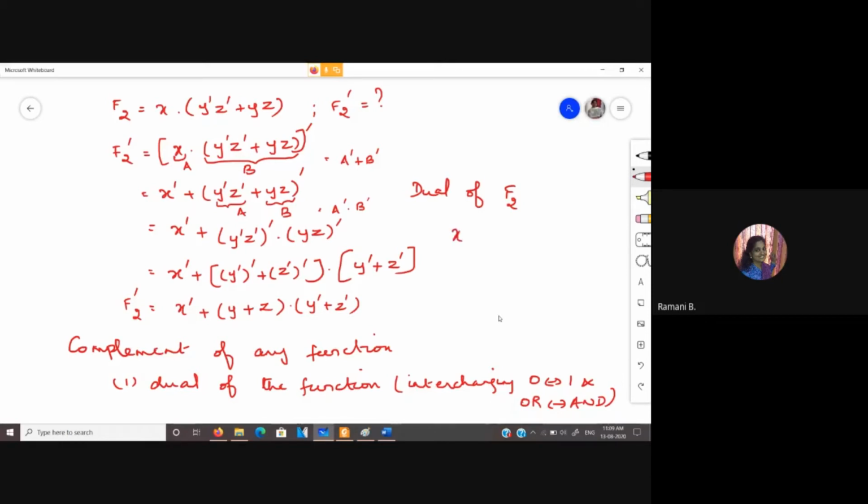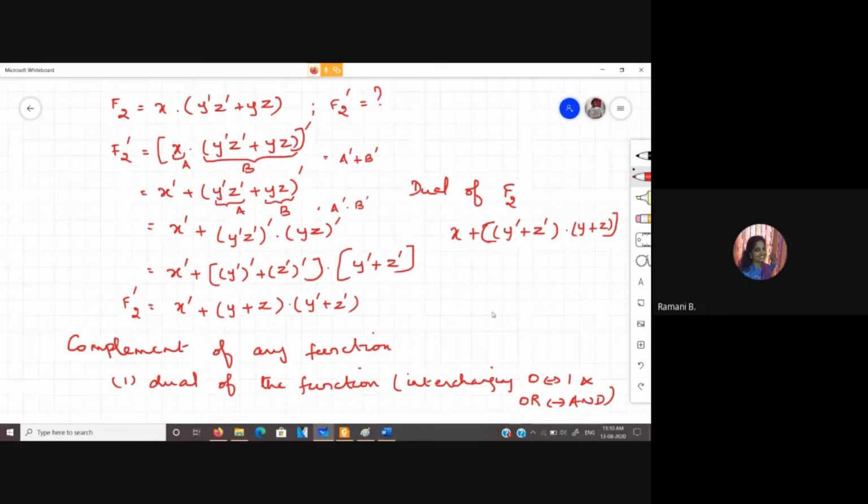So this will be x plus, let me put the square bracket here, y bar plus z bar dot y plus z. Wherever I had the dot operator, I have replaced it with the plus operator, and the plus operator is replaced with the dot operator. That is what the dual is.